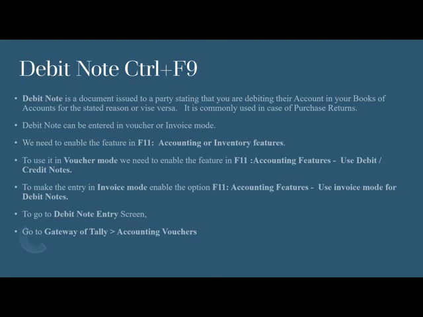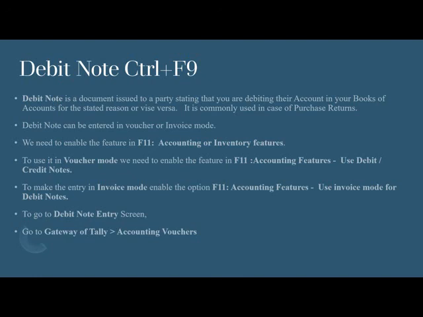Debit note voucher will not be activated. We have to do the activation. To do the activation, this can be done either from the Gateway of Tally or maybe from the voucher window also by pressing the function key F11. This will take us to company features or Tally features.